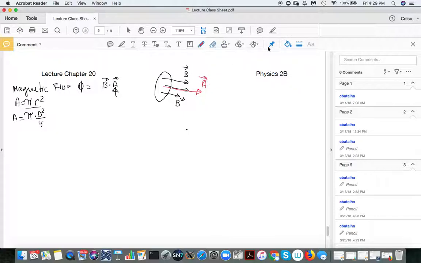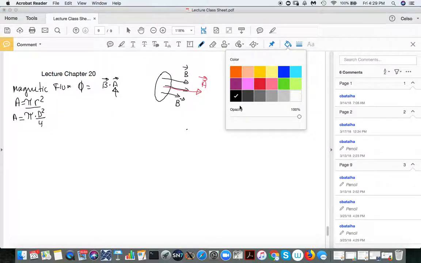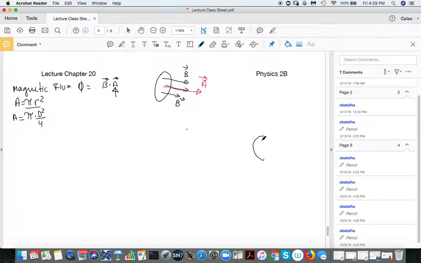Otherwise, let's say you have a sphere, and you have a shell of this sphere. So this is a sphere, and we are seeing the concave part of it. Let's also consider a magnetic field that passes through this sphere like that, like we did for the circle. Now the sphere is a 3D thing, so what would be the vector area?